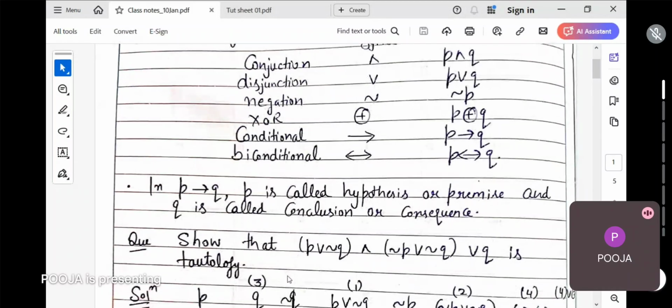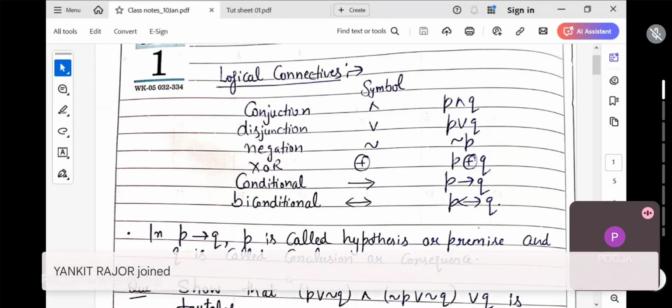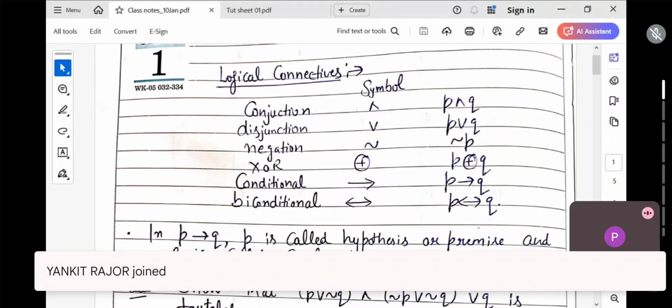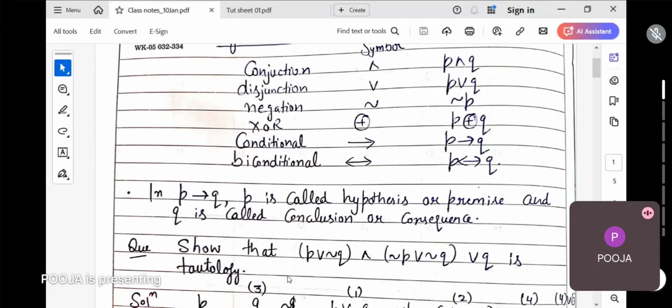Today we will learn about these logical connectives using truth tables as well as using different laws that we have to study within the discrete structure. In conditional, P implies Q, we have done.